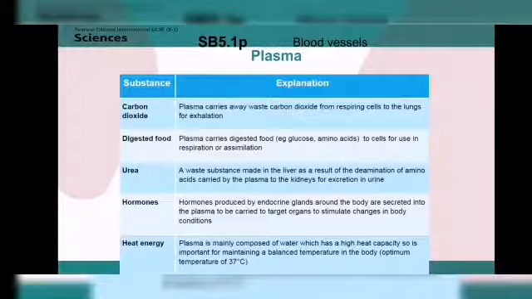Heat energy. Plasma is mainly composed of water which has a high heat capacity, so it is important for maintaining a balanced temperature in the body. So the blood helps to keep a balanced temperature in the body.